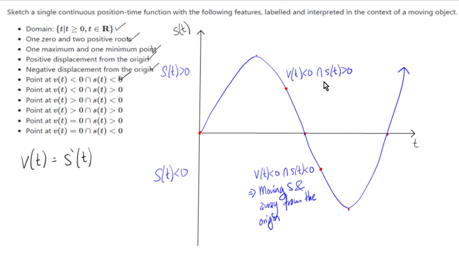So this would be an example of an object moving south or downwards or backwards towards the origin. So we're moving south and towards the origin.